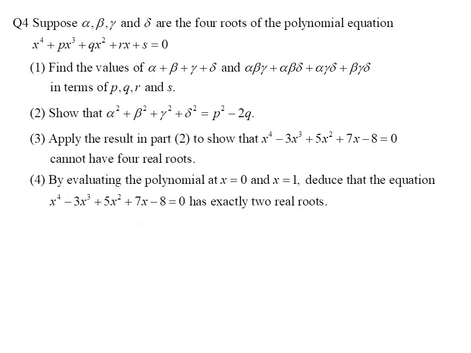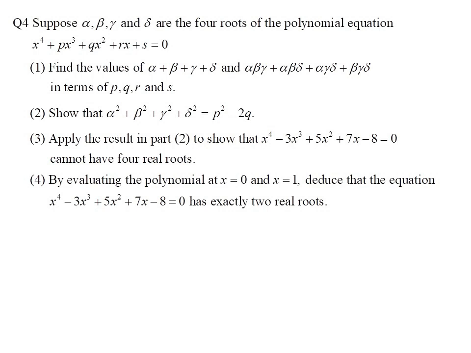Example 4 shows that alpha, beta, gamma, and delta are the four roots of the polynomial equation x to the power 4 plus px cubed plus qx squared plus rx plus s equals 0. There are four questions to follow.